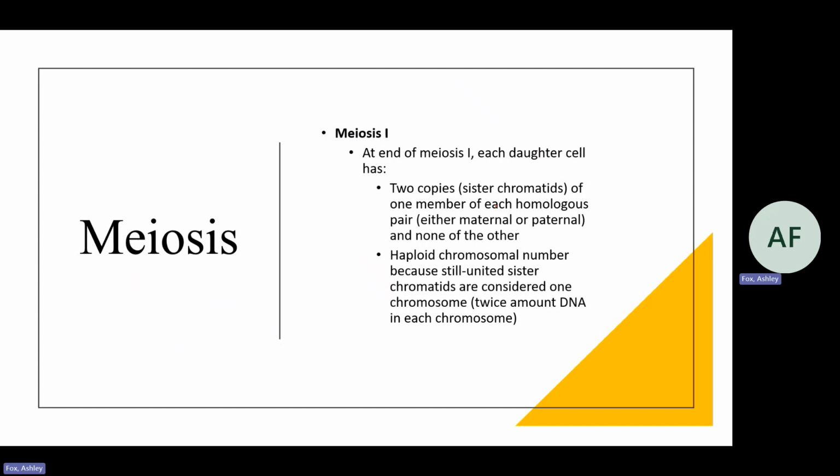So if we're looking at meiosis 1, we have two copies of one member, meaning we either have a cell with maternal or we have a cell with paternal. They've separated. We still have to, again, separate. We say that we've halved the number of chromosomes, even though we still technically will have united and copied chromosomes.